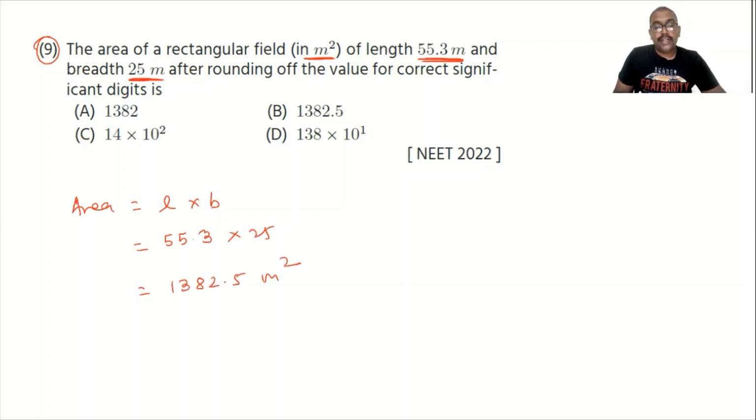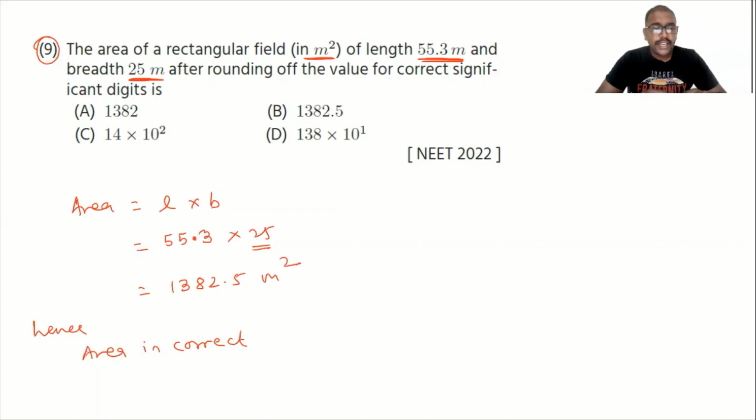But we have to write up to the correct significant figure. Hence, area in correct significant figure we have to write. Listen here. In the multiplication, the least significant digit is 25. 25 has two significant figures.